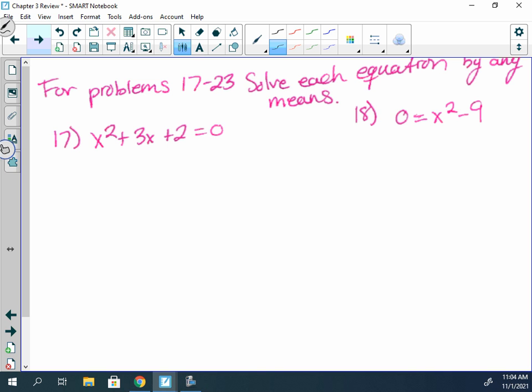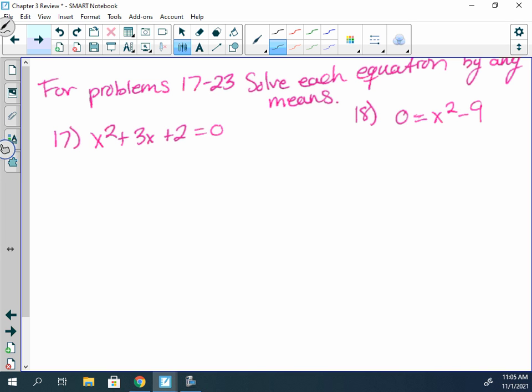We had the square root method. We had three other methods to solve. What were they? Factoring. What else?